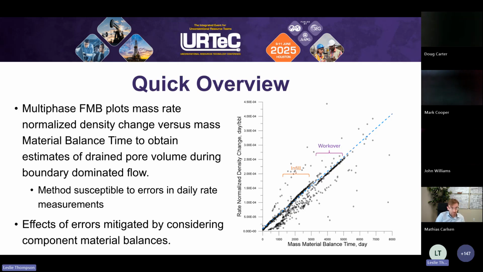Whereas the new completions, with very high fracture densities and very efficient completions, gave you much lower intercepts and much smaller transitions to boundary dominated flow. Okay, that's just my aside, and let's get back to the talk.